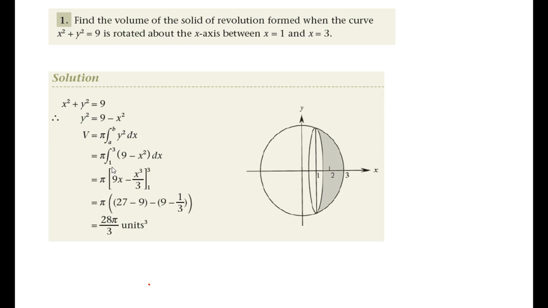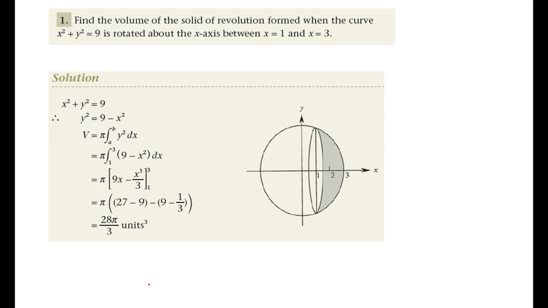We do the integral of 9, which is 9x. We do the integral of x squared, which is x cubed over 3. Then we apply the start and end points. So at the end point, 9 times 3 is 27, minus 27 over 3, which is 9, minus 9 times 1, and minus 1/3, and it comes out to be 28 pi over 3.